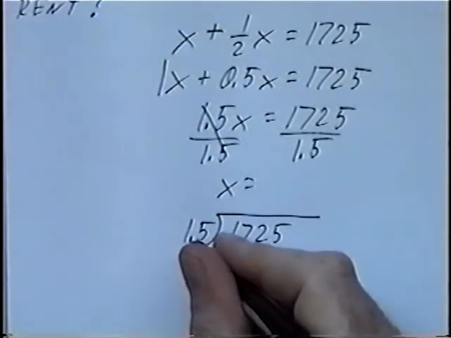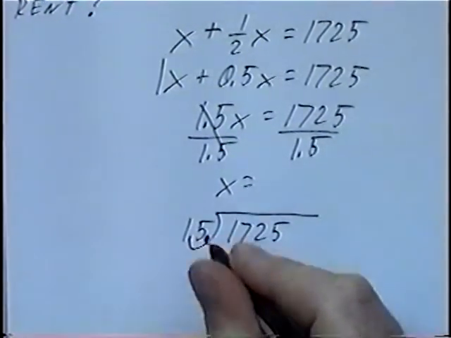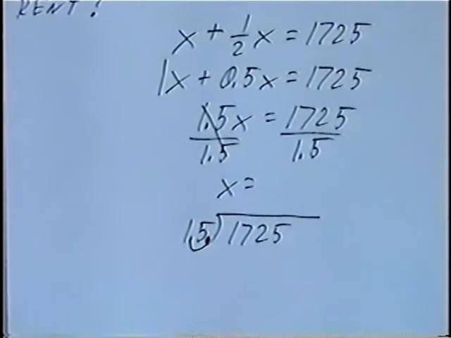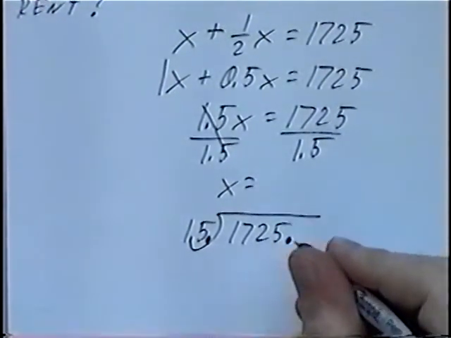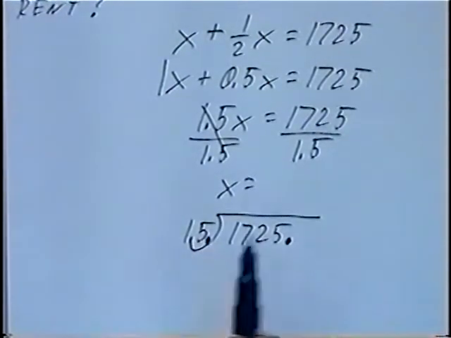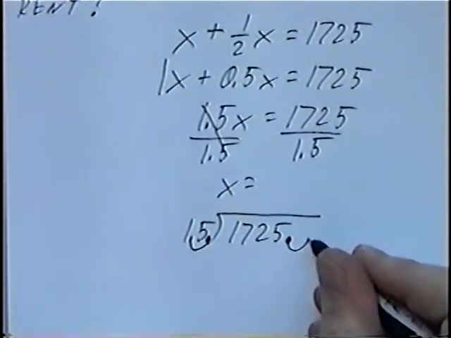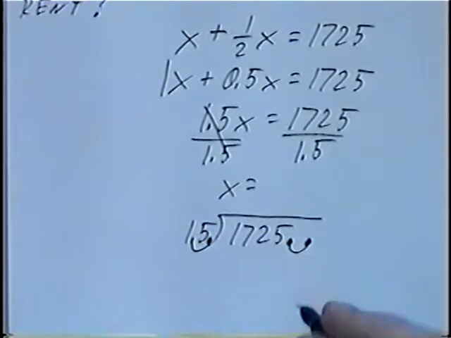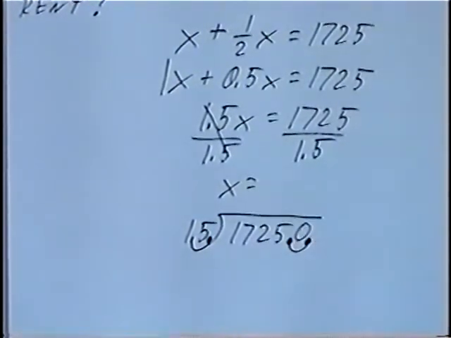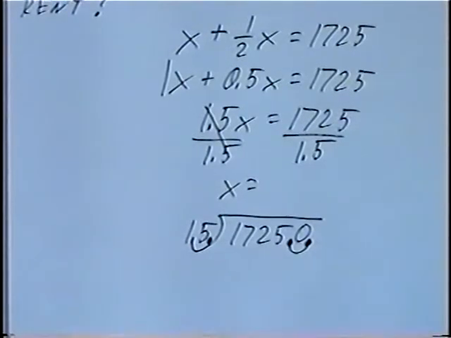If you do, we can just move the decimal to the right one spot, which becomes 15. And 1725 would have a decimal at the end. If we move the outside decimal one spot, we'll move the inside decimal one spot. If we move past the numbers, we can put a 0 as a placeholder. So now we have 17,250 divided by 15.